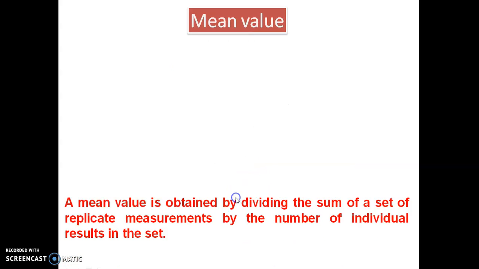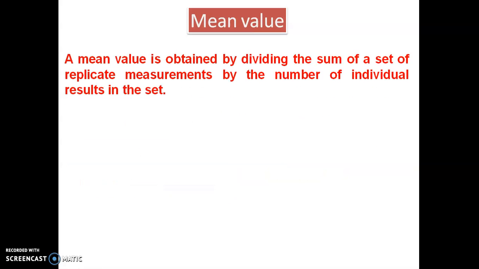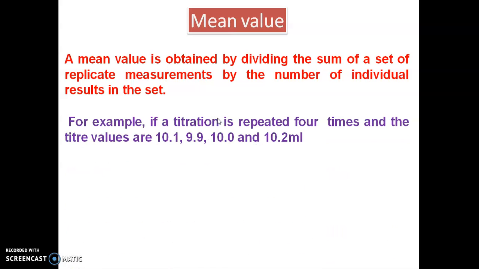Now we see mean values. A mean value is obtained by dividing the sum of a set of replicate measurements by the number of individual results in the set. Replicate means repeated measurements. For example, if a titration is repeated 4 times and the titer values are 10.1, 9.9, 10 and 10.2 ml, then we sum up all these readings, that is 10.1 plus 9.9 plus 10 plus 10.2, and divide by 4.